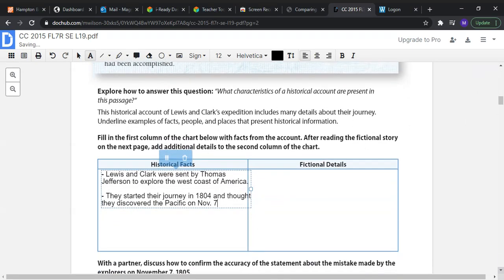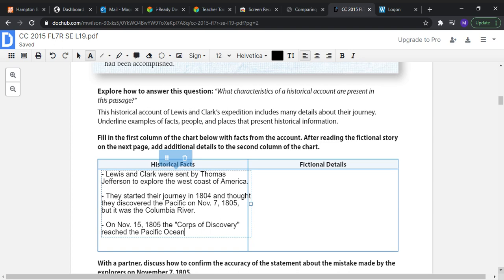On November 7th, 1805, but it was the Columbia River. On November 15th, 1805, and I'm going to refer to their name because that was important information. So the Corps of Discovery reached the Pacific Ocean. So I have quite a few historical facts from the text that I just read.